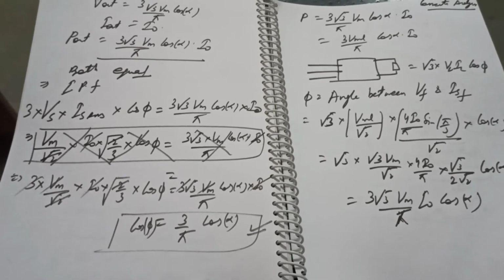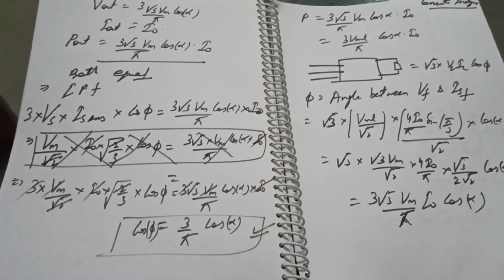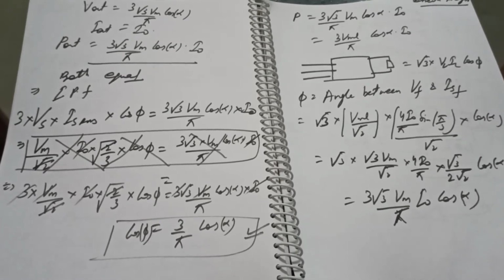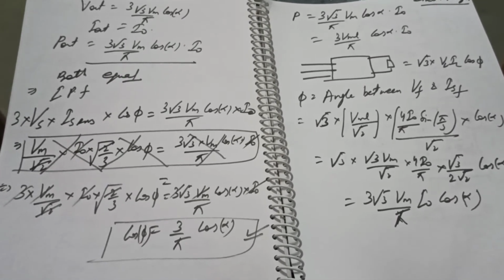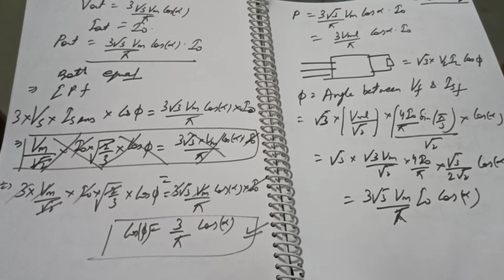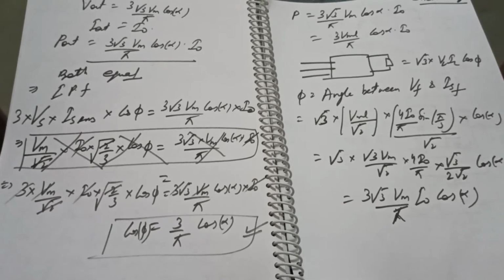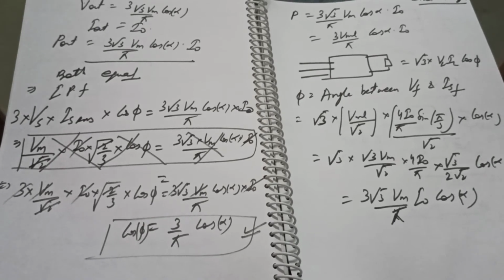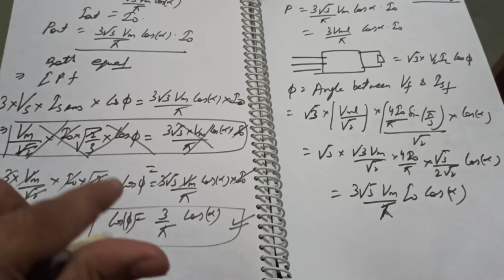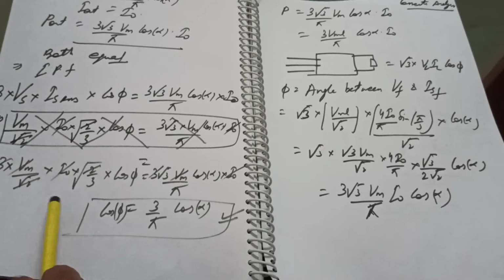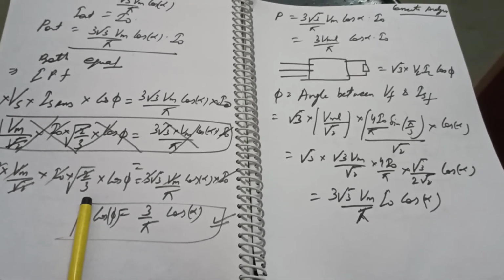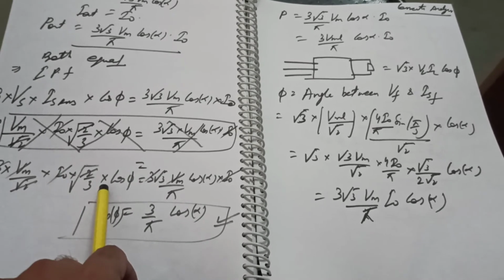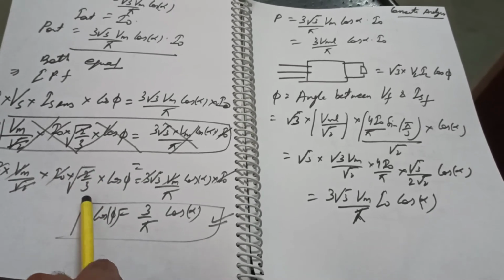Now this output can be used for the derivation of the input power factor. Yes, we can also obtain the input power factor. Obviously we will take the phase voltage, that is Vm by root 2. Then the phase current, the RMS value, that is I naught times root 2 by 3. That's why in the beginning of this lecture I had discussed the value of output current and the value of source RMS current.